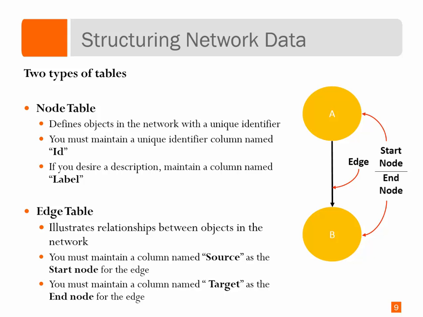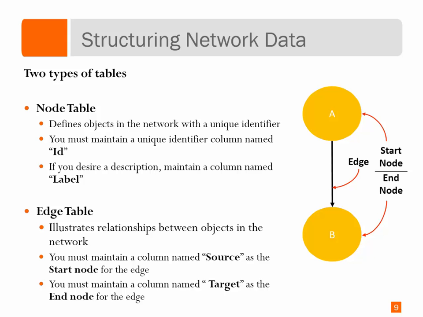We're going to give each of them a unique identifier as well as their name. We must maintain that unique identifier for each. And then as a description, we're going to put a label for each of those unique IDs.